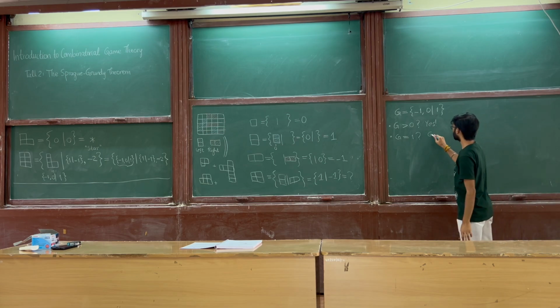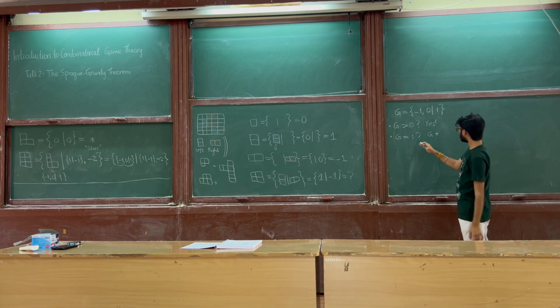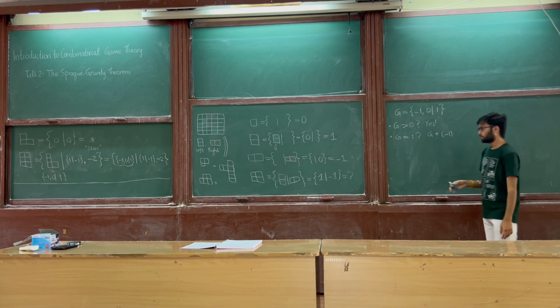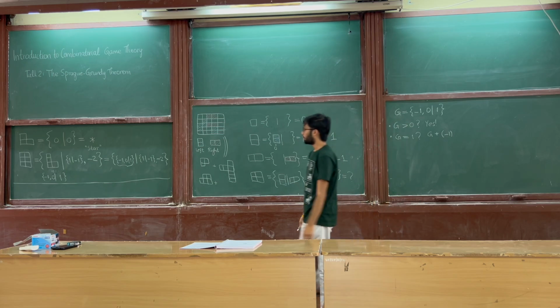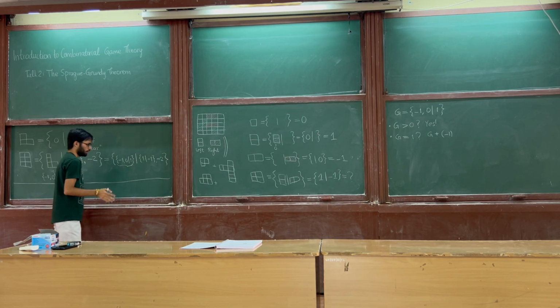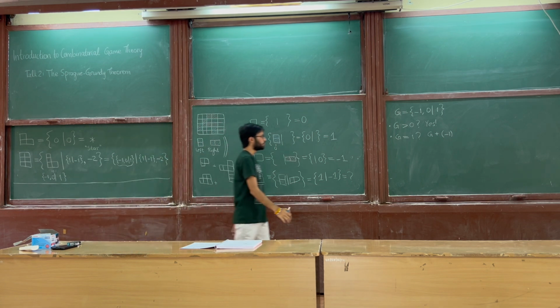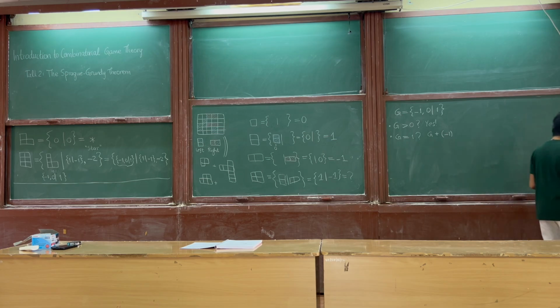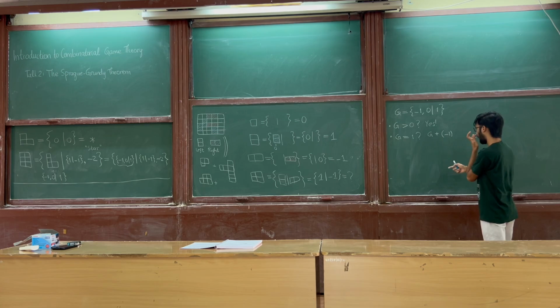So if G were 1, then we'd expect G plus -1 to be 0. And from the last talk we have some understanding that 0 games are the games where the second player wins. So let's have a look at what happens here.